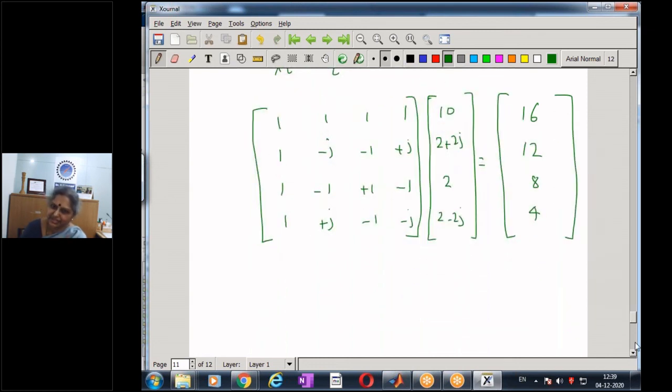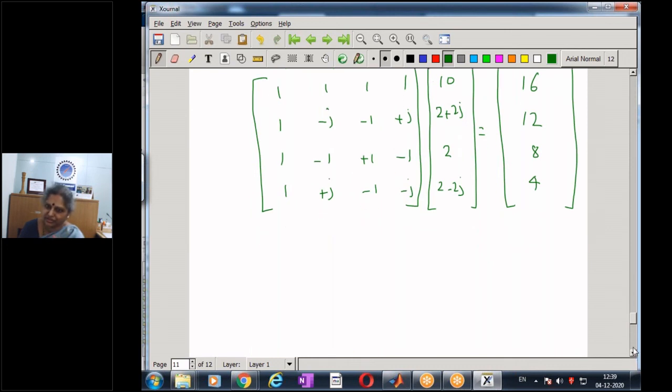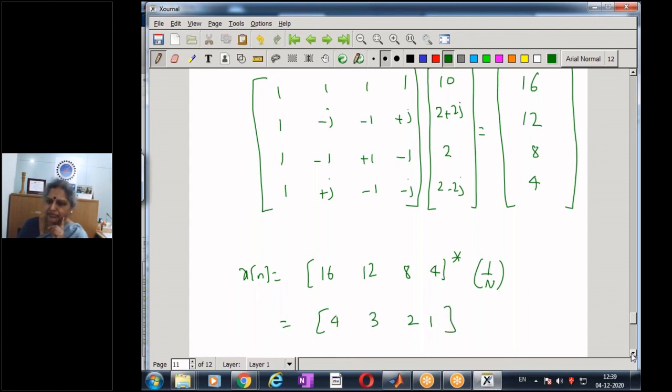In this case, the result is real. Otherwise, I need to take the conjugate. After computing the DFT, to get my inverse DFT I take the conjugate of this result, 16, 12, 8, 4, and then divide the whole result by N, which is 4, and that becomes 4, 3, 2, 1.